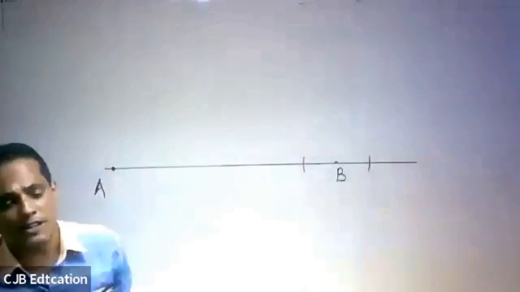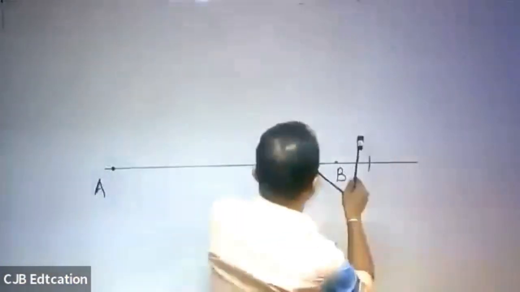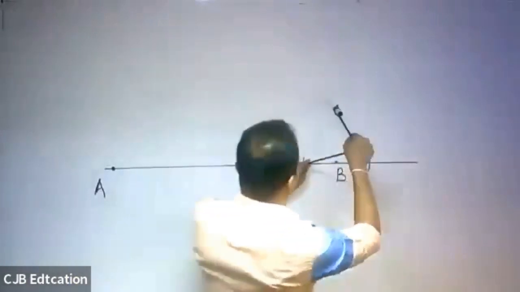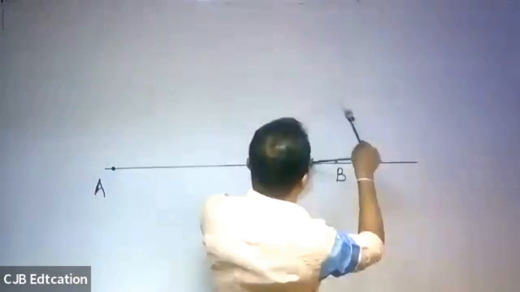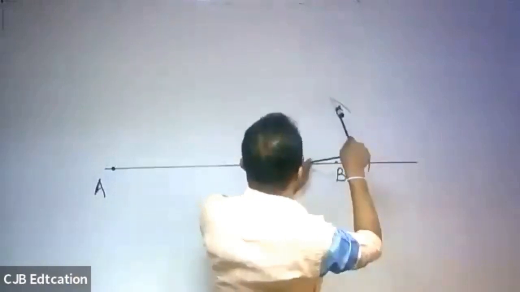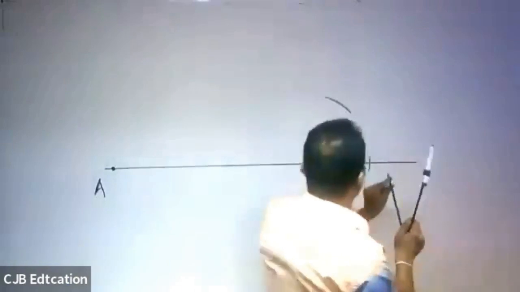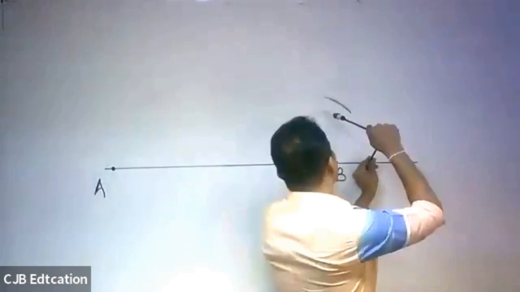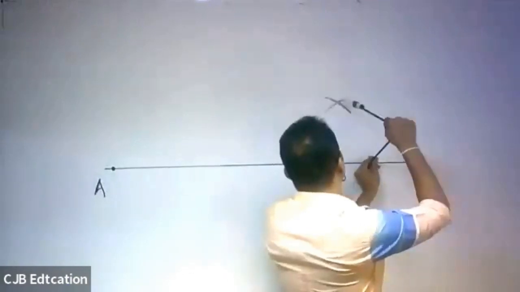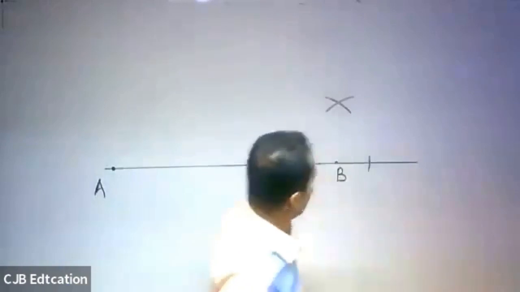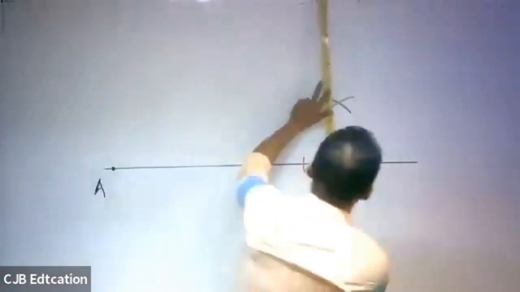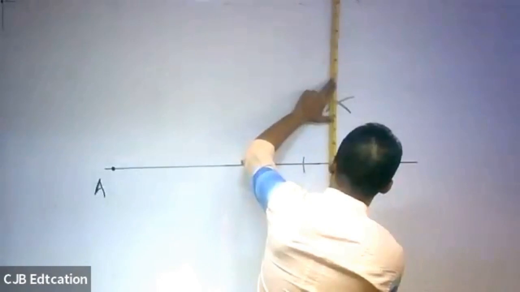Then you can take another little bit more distance with the compass and put the tip on the intersection of the arc on the straight line and get an arc in this way above the B. Don't change the distance, put the tip on the other arc and get another arc and intersect that. Then we can connect that intersection point to B as the perpendicular to the AB straight line.